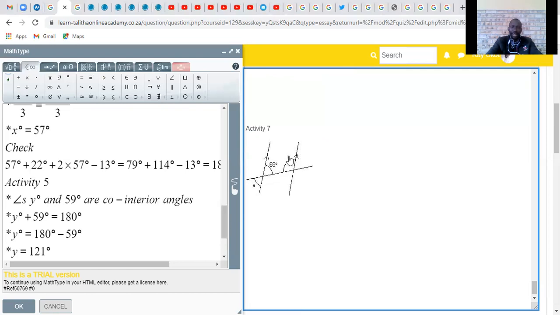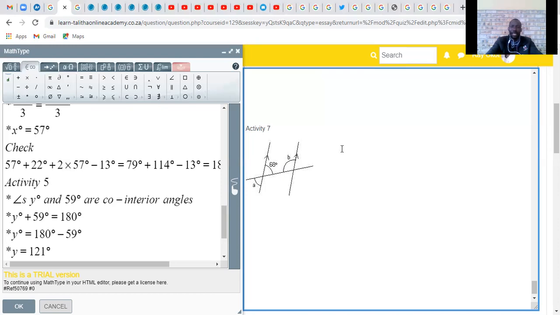From that you can determine the value of B. Now notice that the angle 68 and A are alternate, like opposite angles, and so angle A equals 68 degrees. That way you determine the value of angle A after finding the value of angle B.